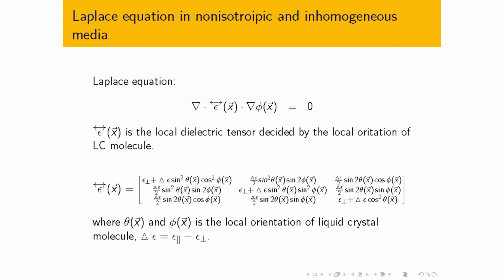This theta and phi are the local liquid crystal molecular orientation, because you have the liquid crystal distribution, and you have two dielectric values: along the liquid crystal axis and perpendicular to the liquid crystal axis. You have to use Euler angles to do the coordinate transfer to the lab coordinates.